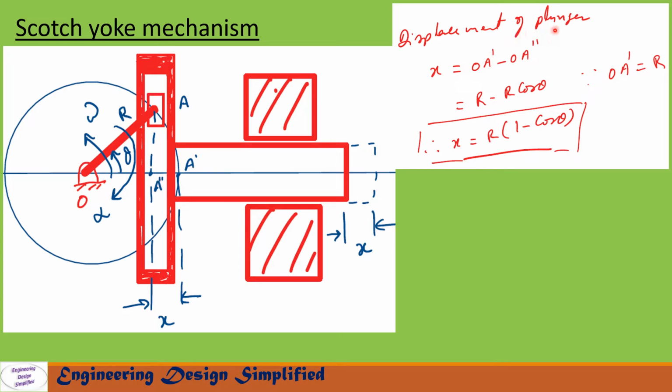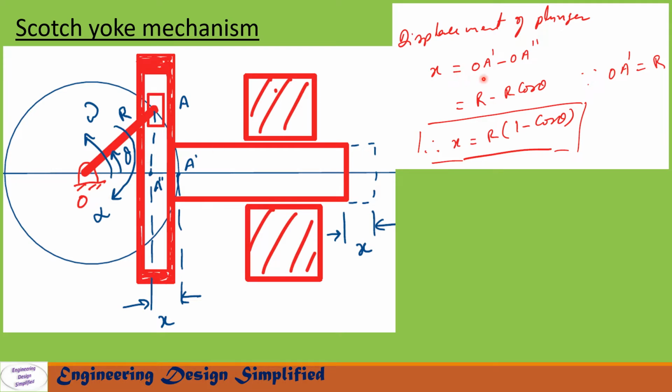So displacement of the plunger can be written as x equal to O A prime minus O A double prime. O A prime or O A is r, that is the crank length. The length O A double prime can be written as r cos theta.